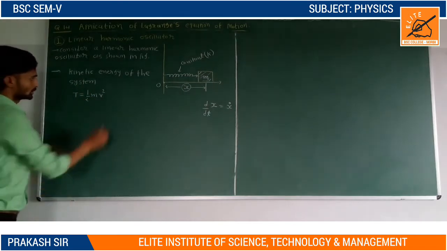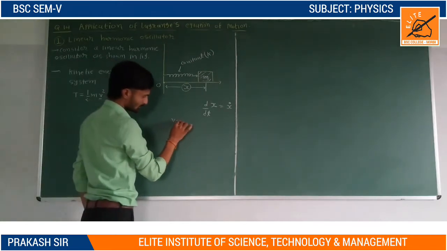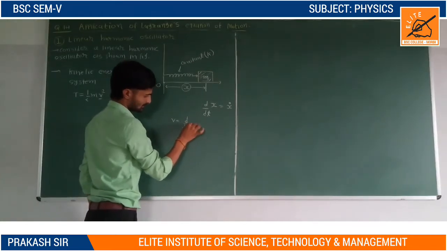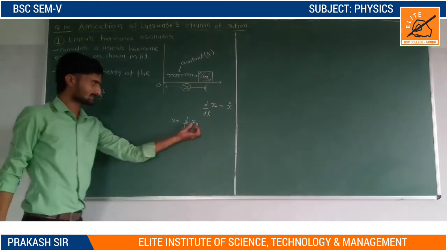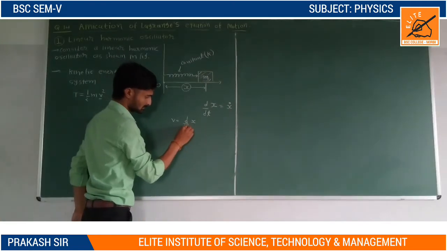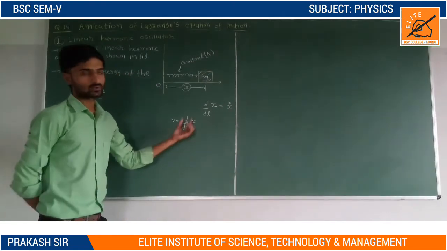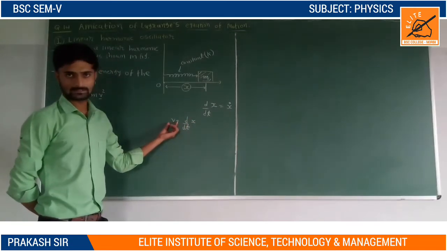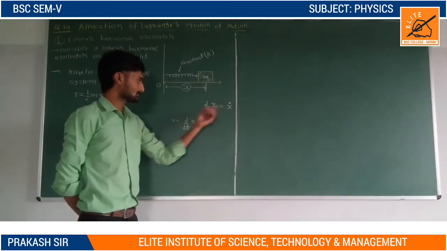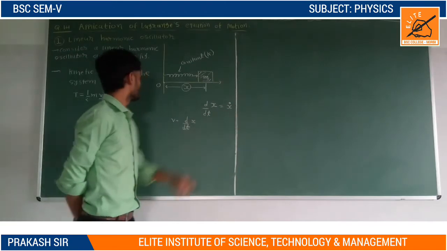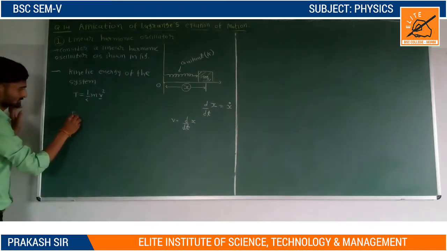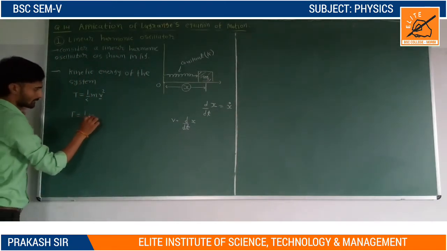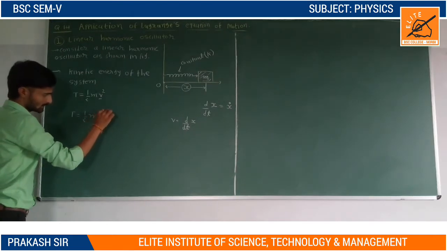But v is d by dt of x. So displacement with respect to time, the x coordinate, is called the velocity. But d by dt of x is called x dot. So kinetic energy is 1 by 2 m x dot square.